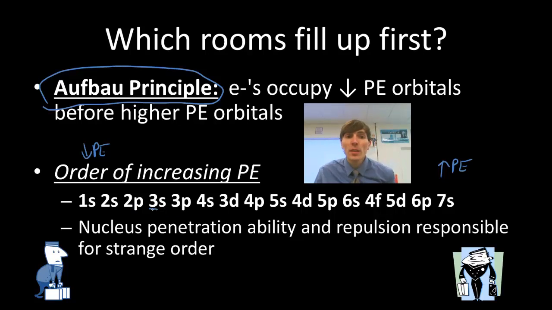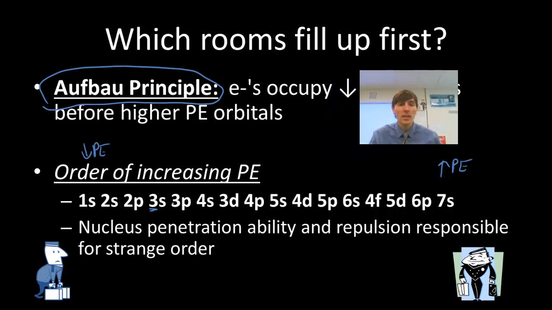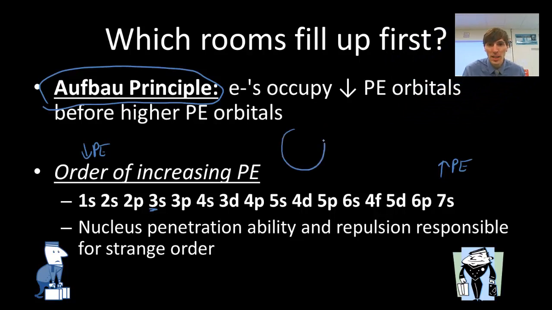Now remember, in the third energy level, there are 3 sublevels. So there's my third one over here, the 3d, but for some reason the 4s actually fills up first. It kind of breaks our perfect trend. And the reason for this is that the s orbitals are that spherical shape. There's what's called the nucleus penetration factor. Those little electrons like to be near that positively charged nucleus.